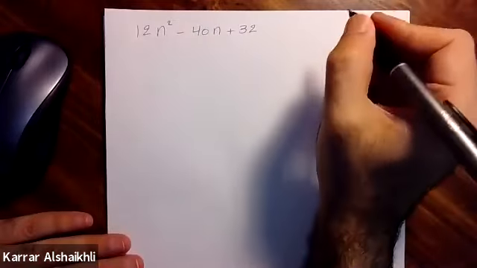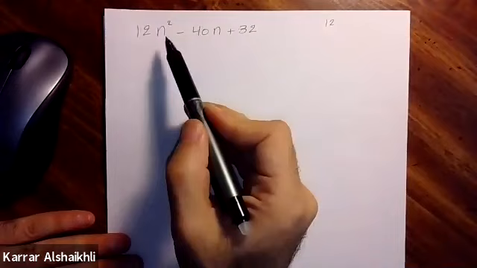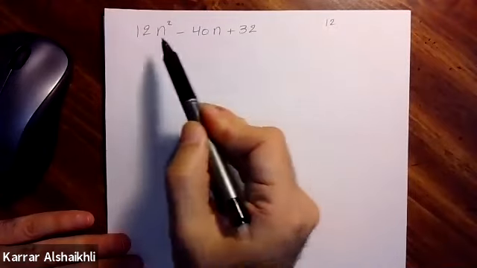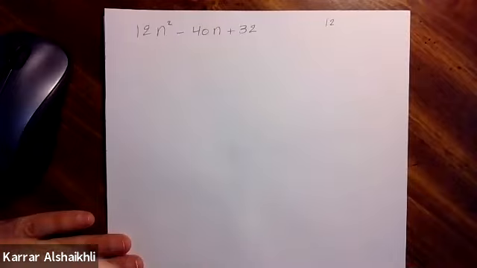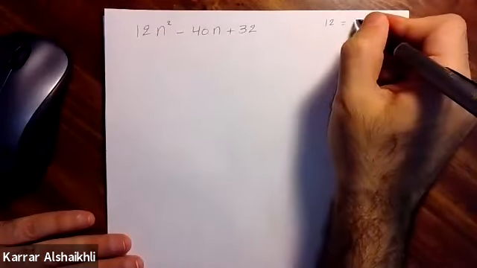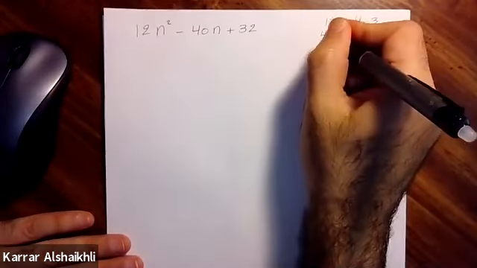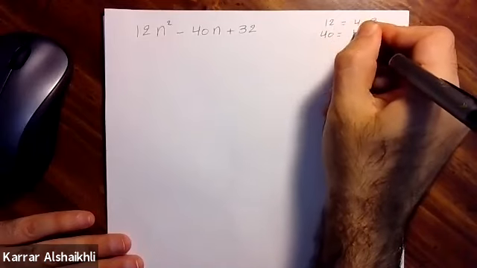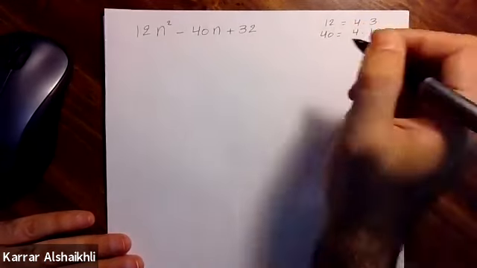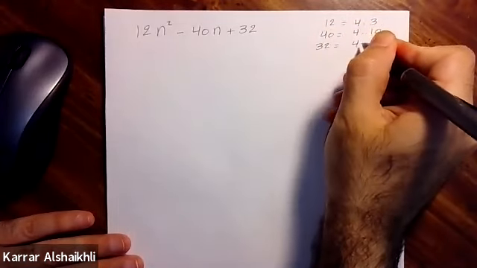Let's do it here on the side. Here is the 12. With the variables, I have n squared here, I have n. There is no variable here. That means there is no common with the variables. But I need to check the numbers. 12 is 4 times 3. 40, I can say 4 times 10. 32, I can say 4 times 8.